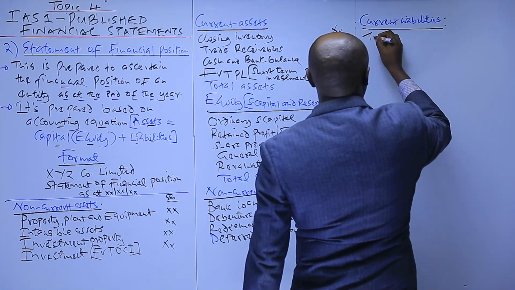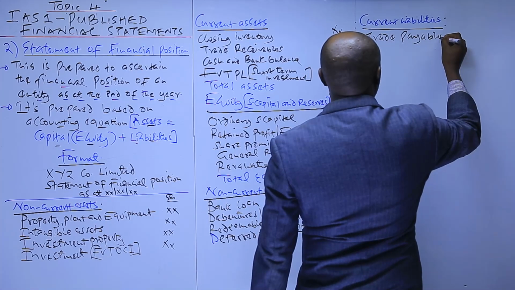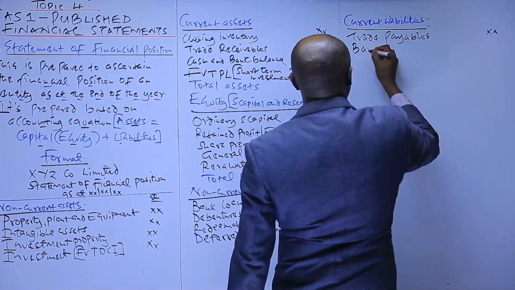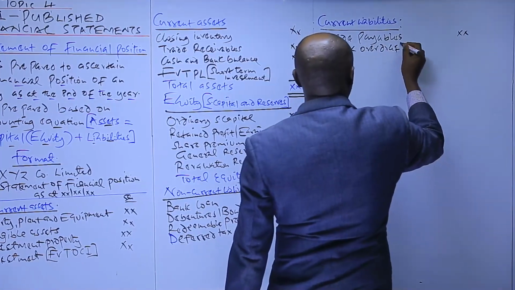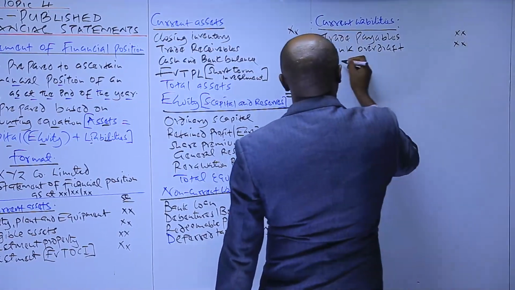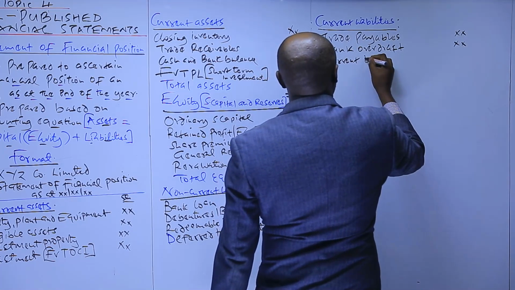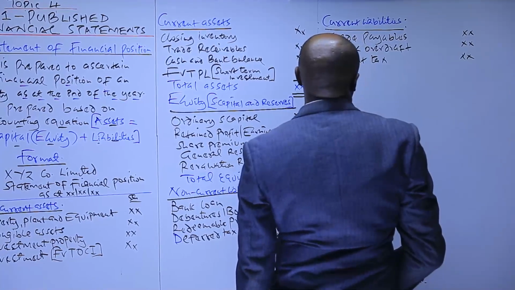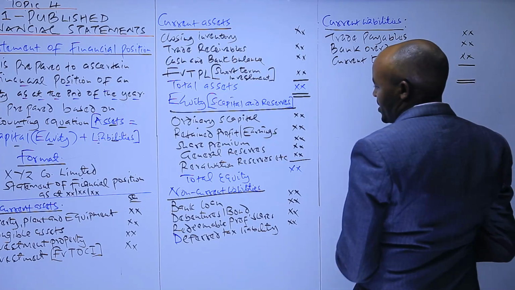They include things like trade payables, the amount of money which is owed to the suppliers. Also something like a bank overdraft. Also the current tax, which is the tax payable by the company during the current financial year. So those are some of the common items of the current liabilities.